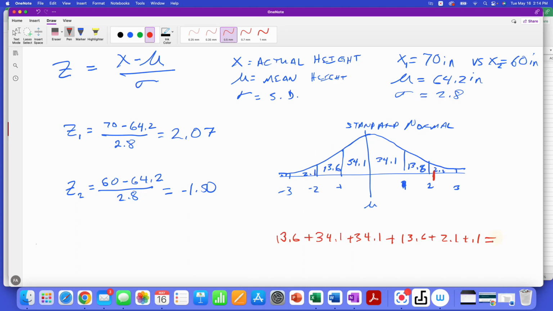We can add all those together, and that can tell us more or less how much of the population we're really dealing with at that point, which works out to be about 97 point something when we add all those values up, about 97% of the population. So I put a little squiggly there because we're doing an approximation.